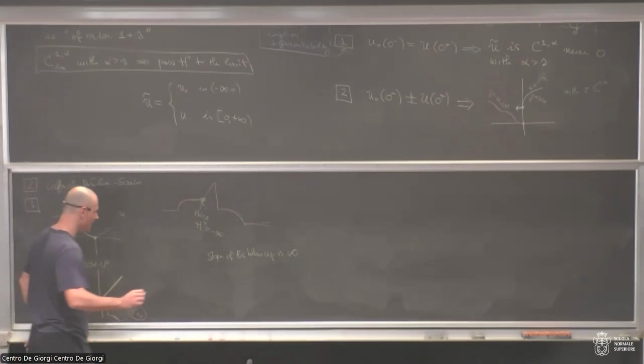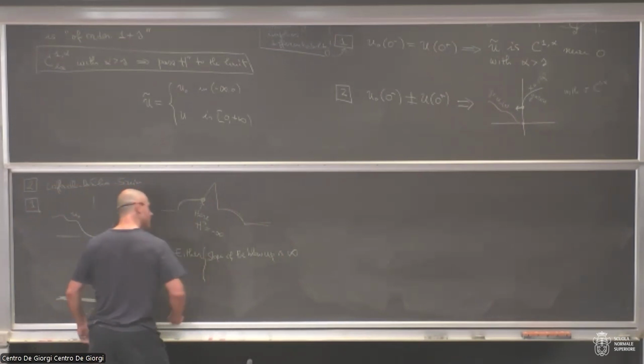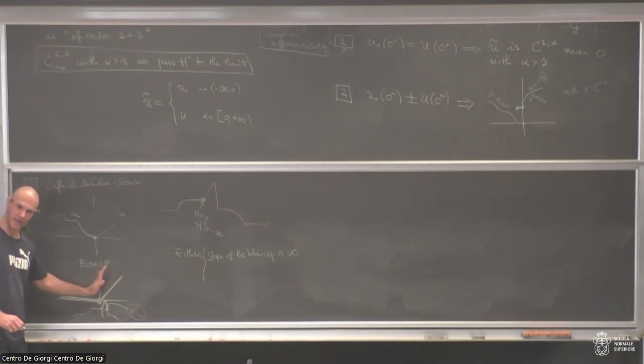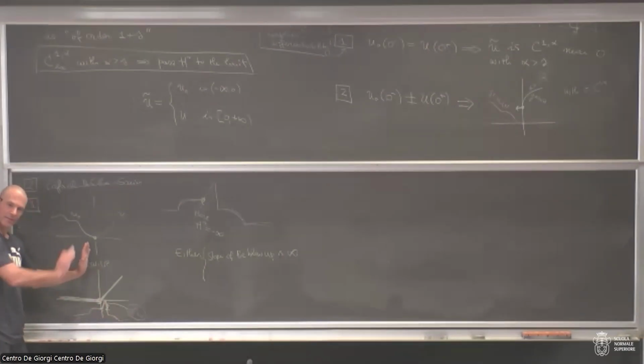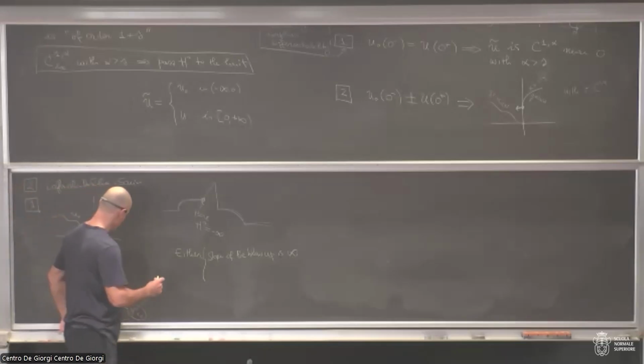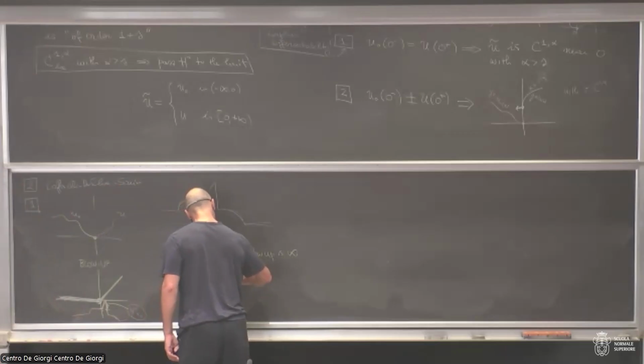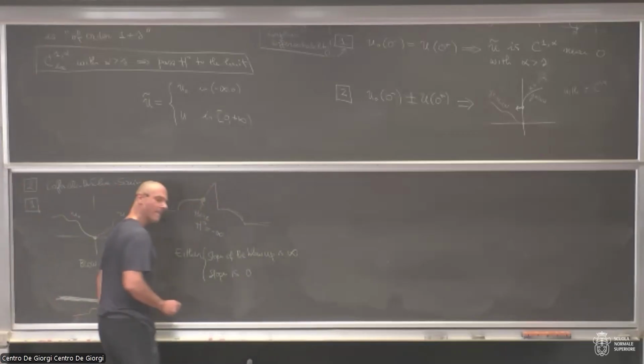Either the slope is plus infinity, which is allowed because you can put the nose with an arbitrarily steep nose, or actually the slope is 0.